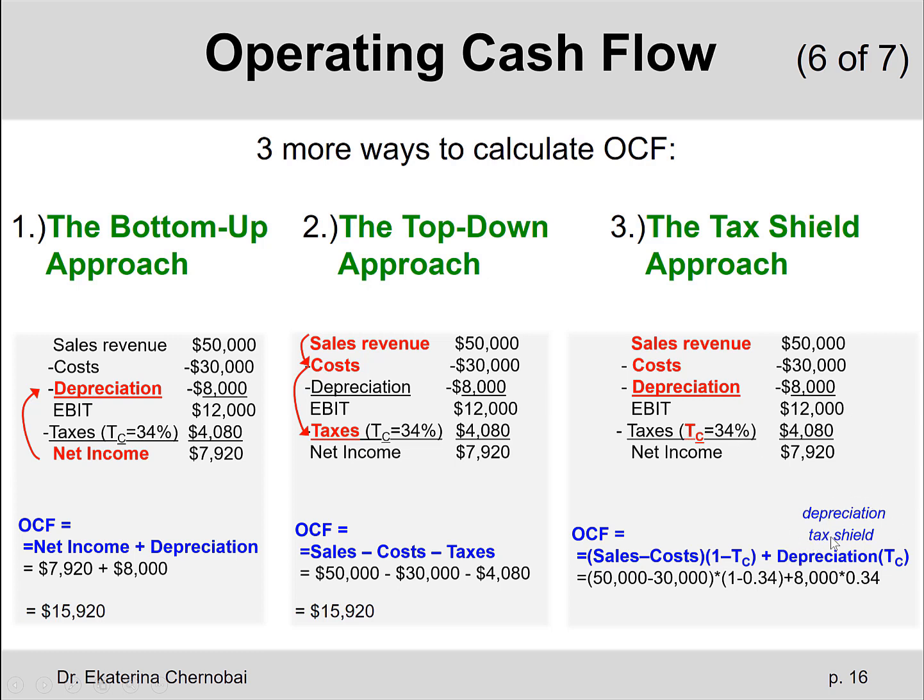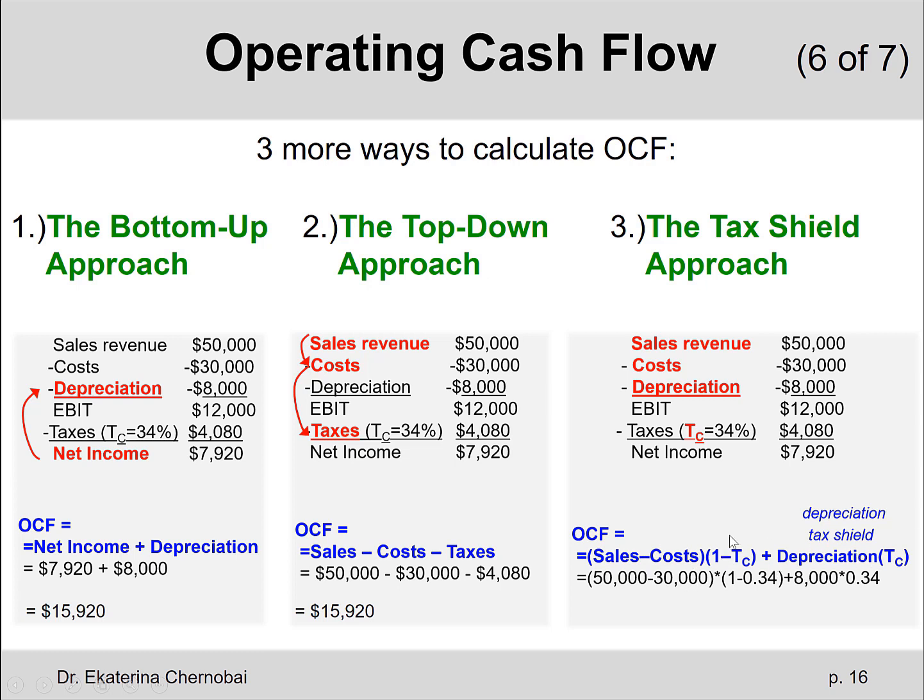So the depreciation tax shield is sort of this extra term that we add to the after-tax income that shows how much of a difference it makes when we are allowed to treat depreciation as an expense, as opposed to the case when we don't use it as an expense, right?